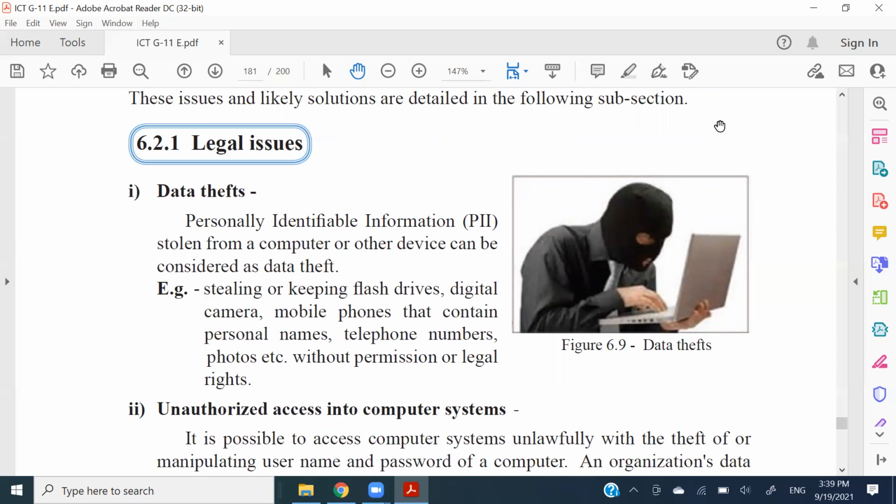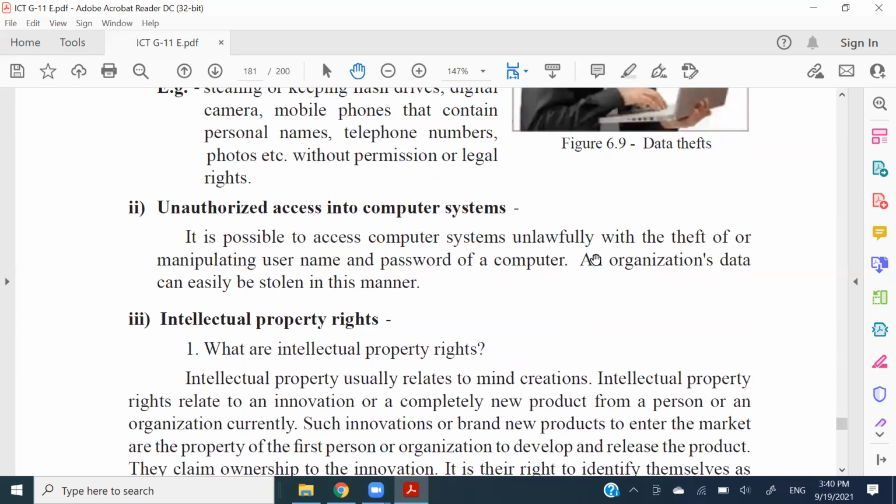It can start from a very simple point, like taking a mobile phone without permission and looking into the personal details, and go up to stealing important details from an institute or from a network without the proper permissions, right? So that is what we call data theft, right?